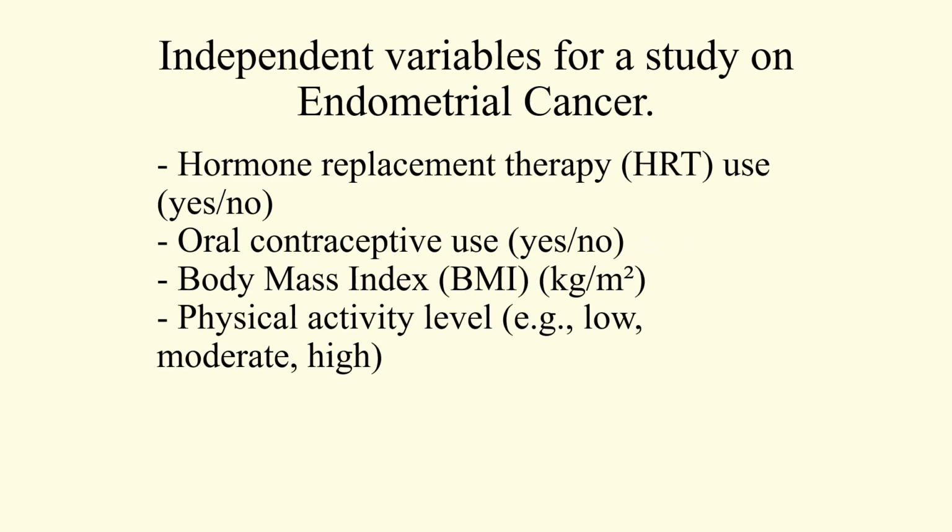Another important topic for research in gynecology is endometrial cancer. And the independent variables for a study on endometrial cancer may include the use of hormonal replacement therapy in postmenopausal women, the use of oral contraception in premenopausal women, the body mass index, and the level of physical activity.